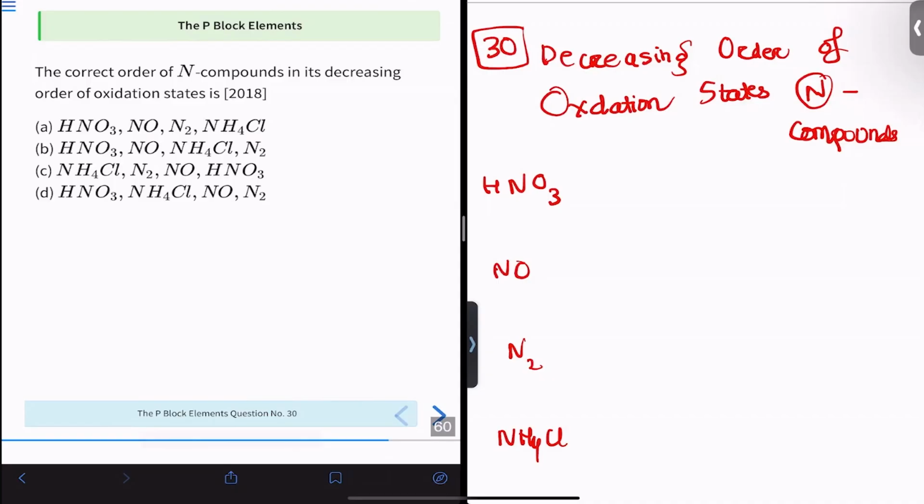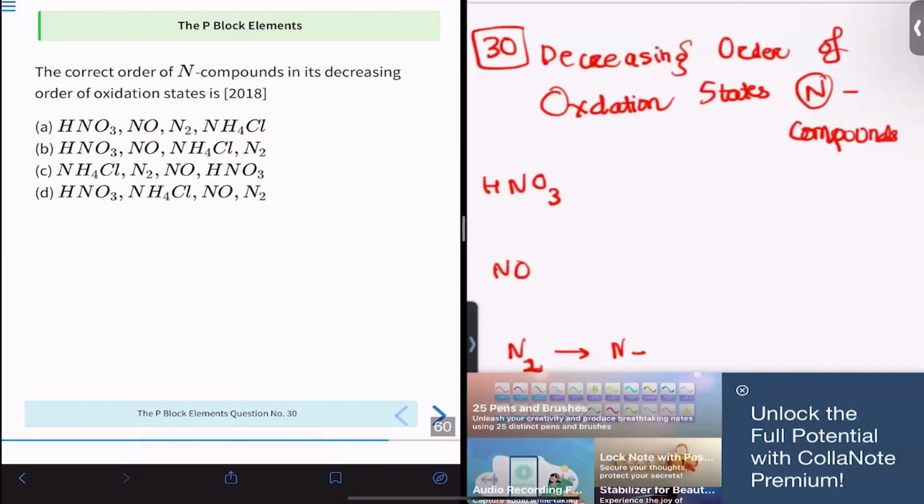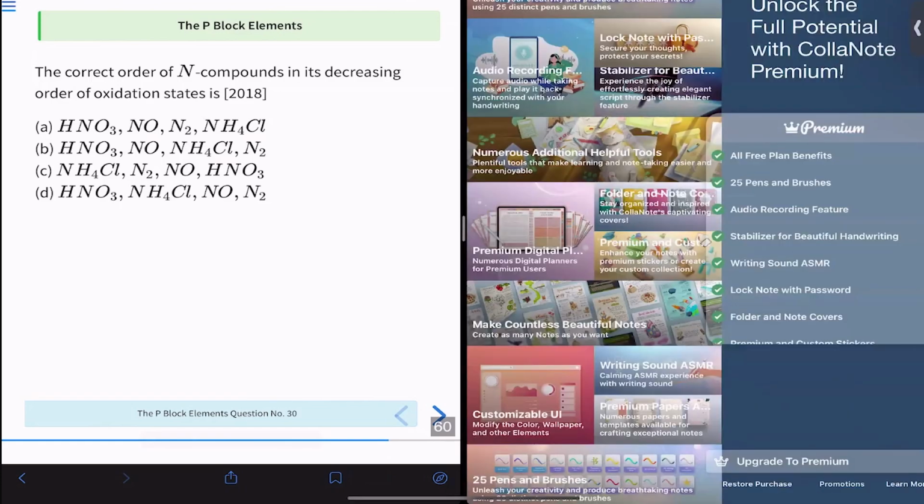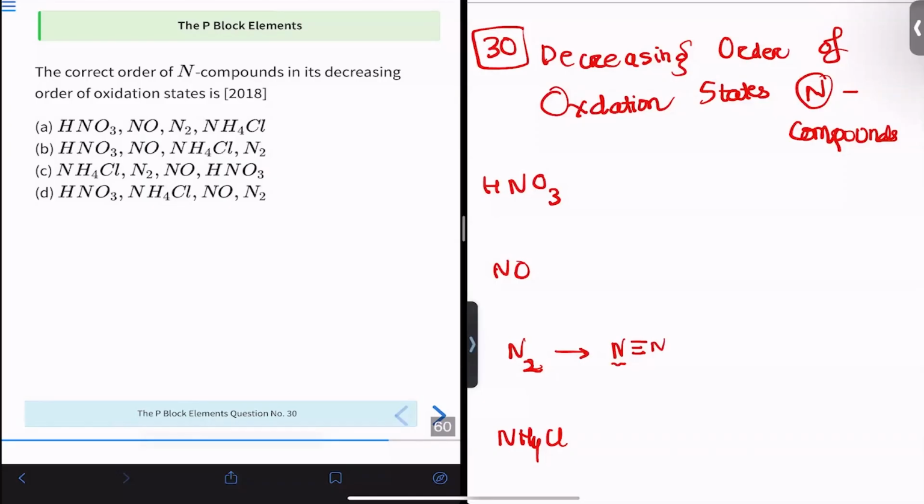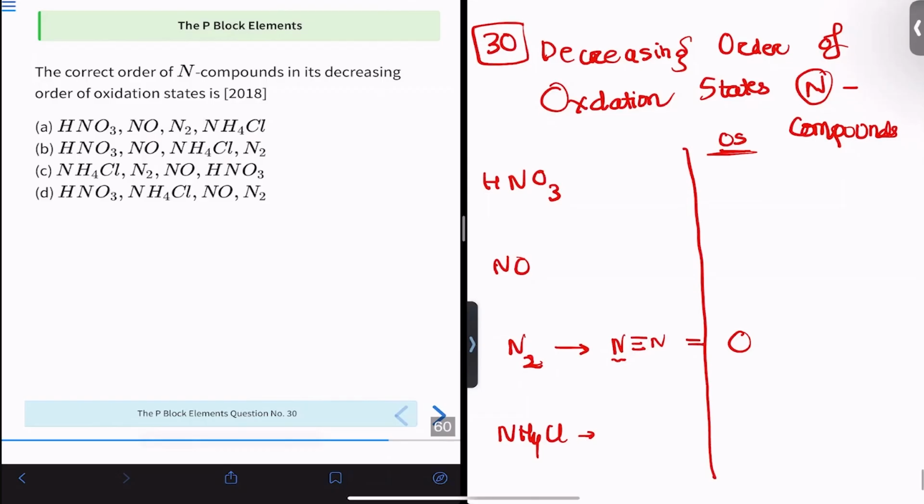First, for nitrogen, one nitrogen atom is bonded with another nitrogen atom, so nitrogen will have an oxidation state of 0 here. In the compound ammonium chloride, the ammonium ion is present, which has a charge of +1.